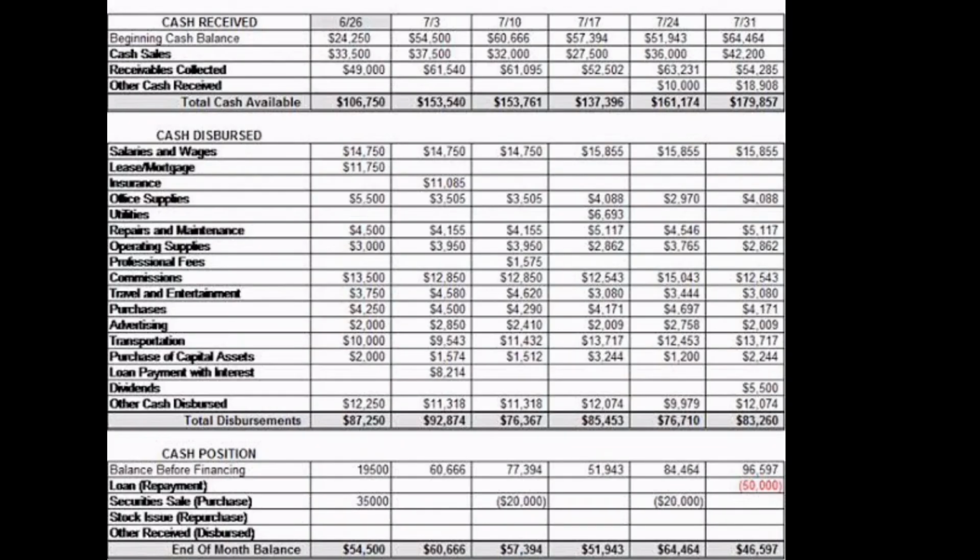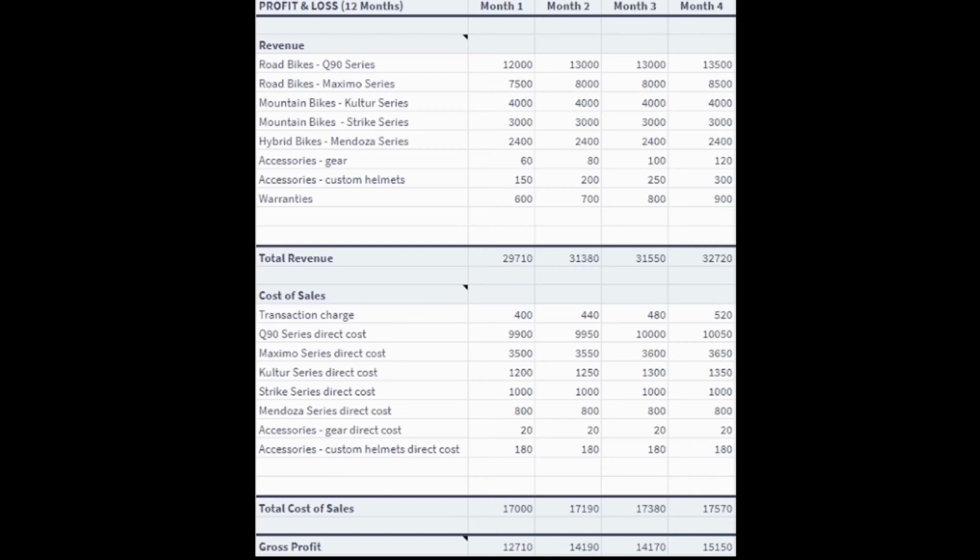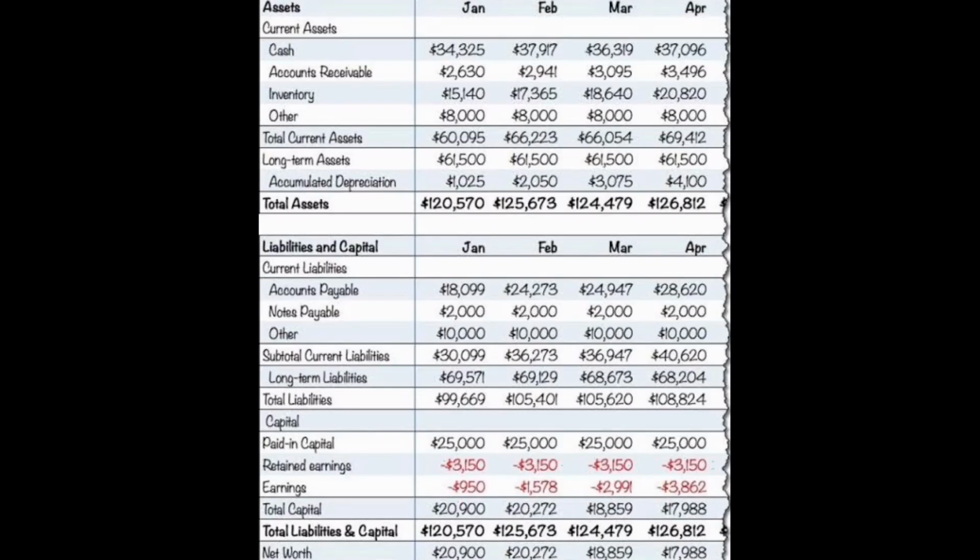Then we have our projected cash flow, which shows cash received and cash given out. This shows the cash position of the business. We have our projected profit and loss account, which shows how much was made or lost in the business. And we have our projected balance sheet, which shows the financial position of the business.